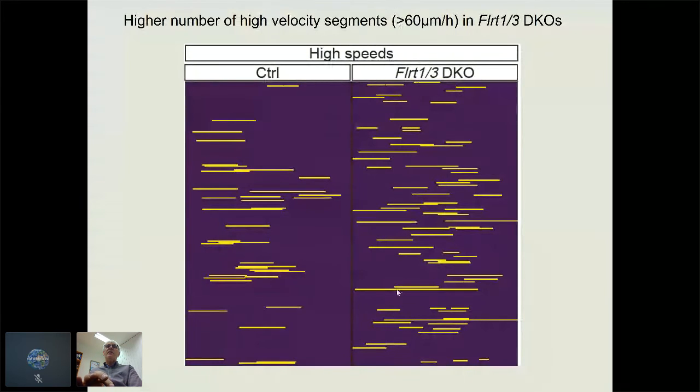In this graph here, every row is a neuron, and I'm only showing you the high-velocity segments. So when the neurons are actually migrating at top speeds, in both the control case and in the FLIRT1/3 double knockout case, you can see here on the right side, there's more yellow. The tracks are longer and more numerous, and this is what we found. So they seem to be spending more time at higher speeds.